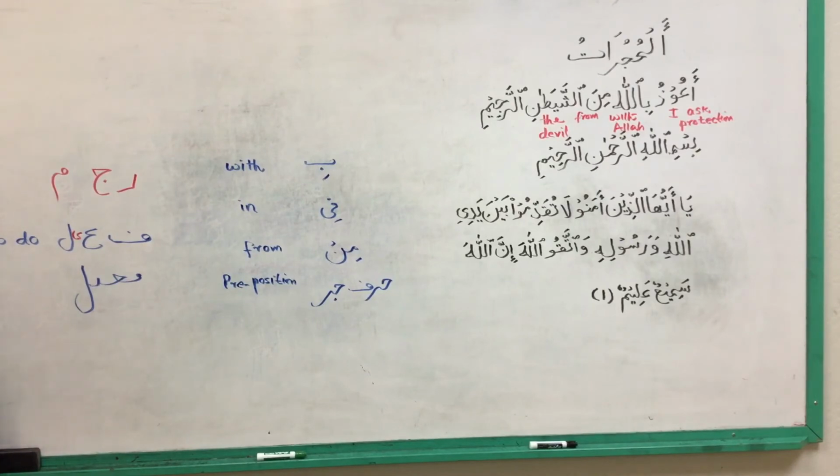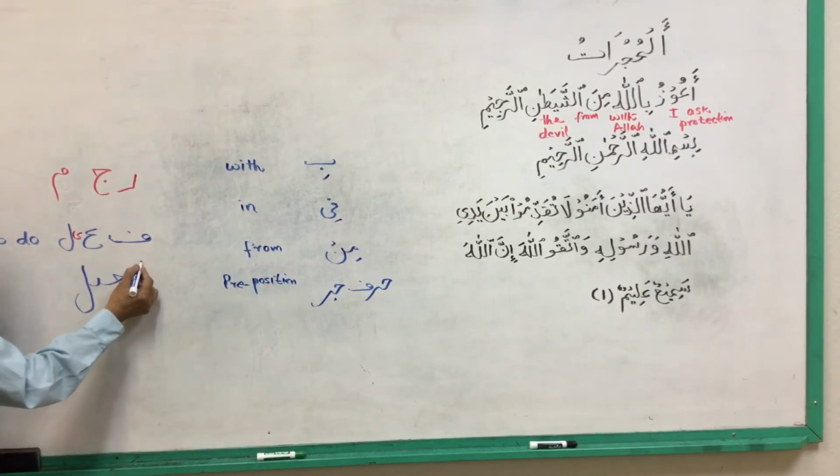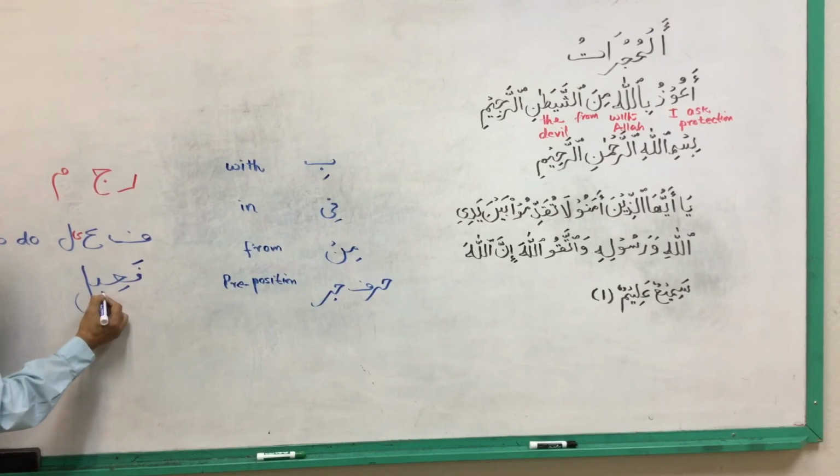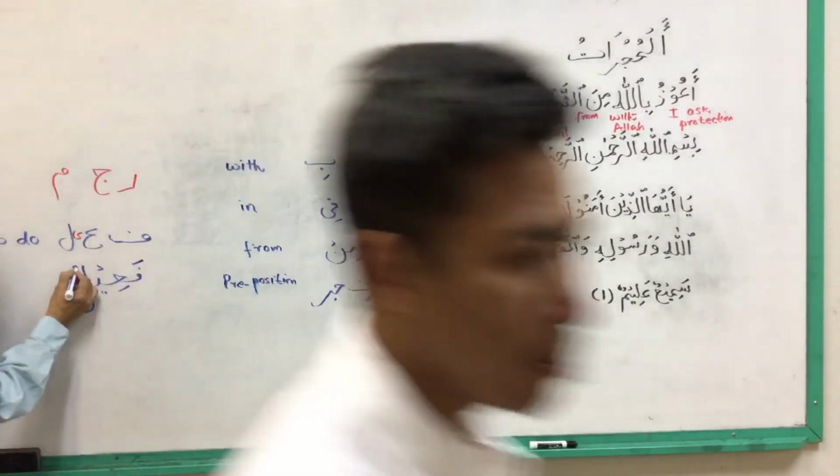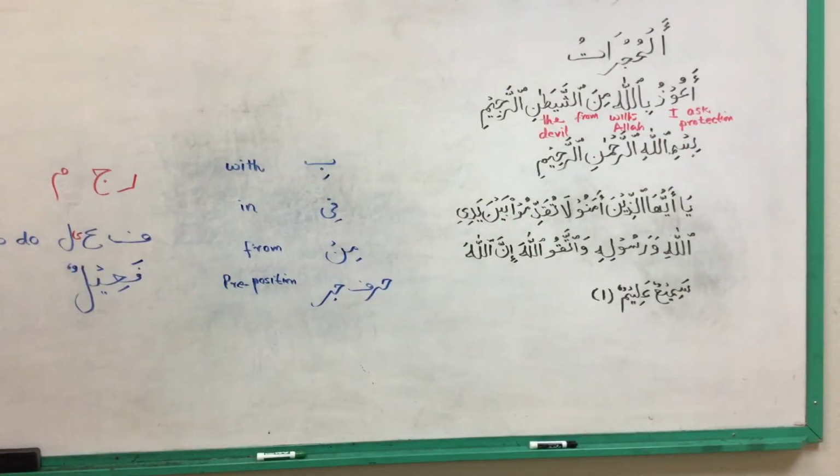fa'ilun. We made a word, fa'ilun. Always two dhammas at the end. There is no noun without two dhammas at the end.